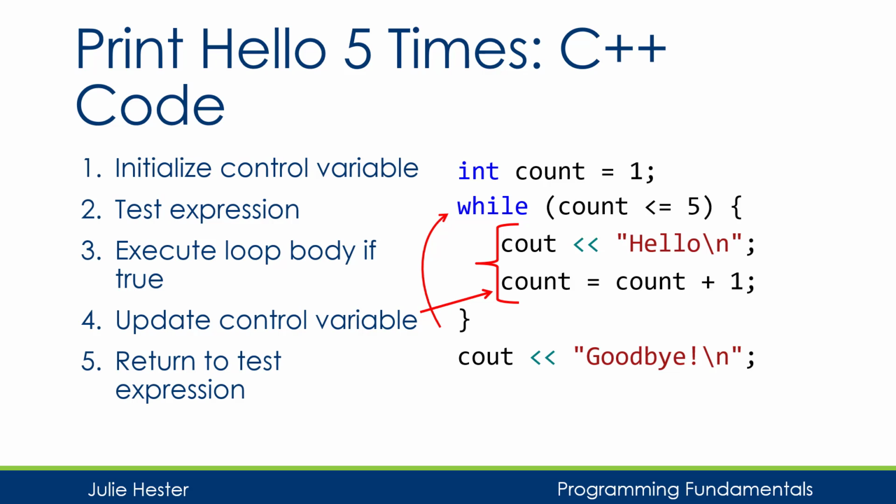So for this little code snippet, I'm going to execute count equal 1 a single time, but I'm going to execute the while statement with the while test expression and the loop body several times. Once that loop is finished, then I'll continue by executing goodbye a single time.